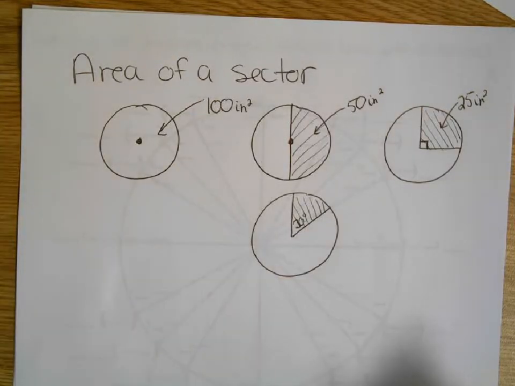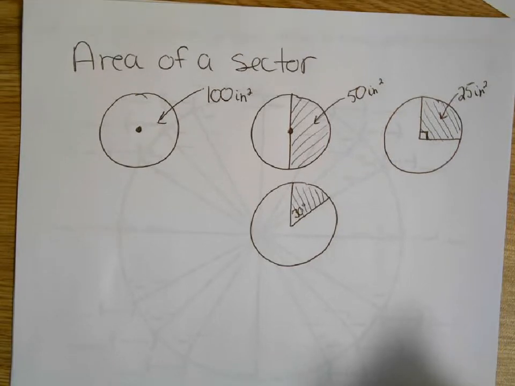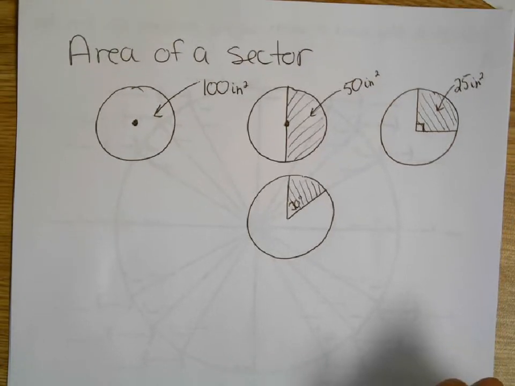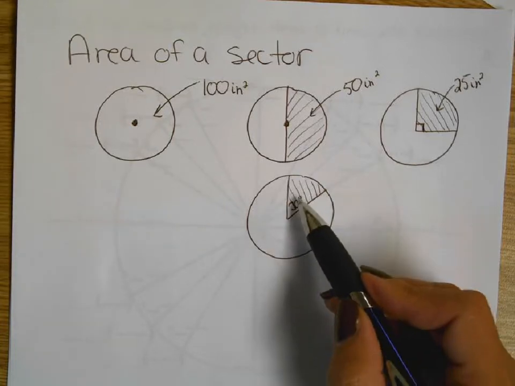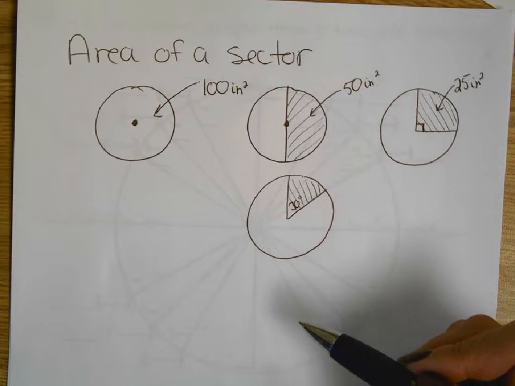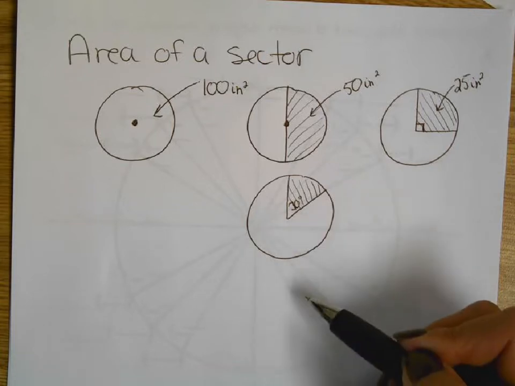How are we going to figure that out? How could we figure out how many square inches would be in this slice? Jimmer? Would it be 30 over 360 times the total area?